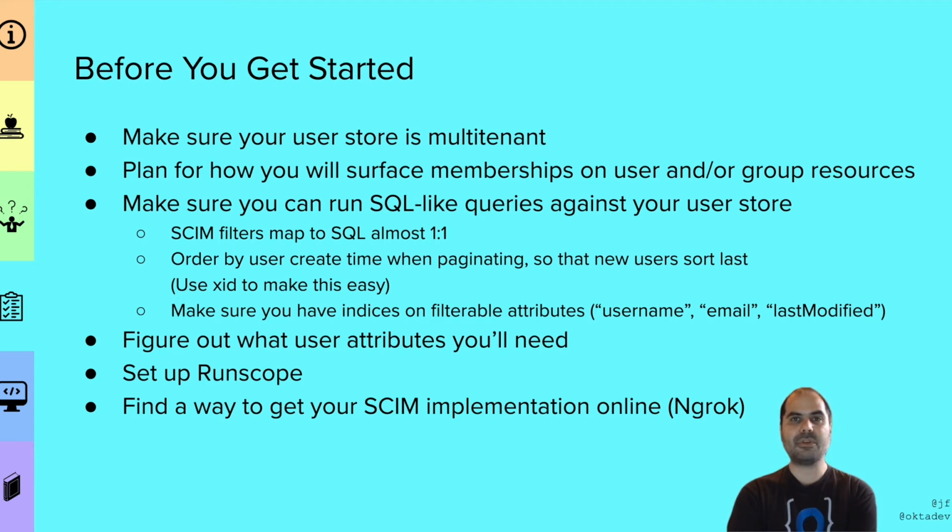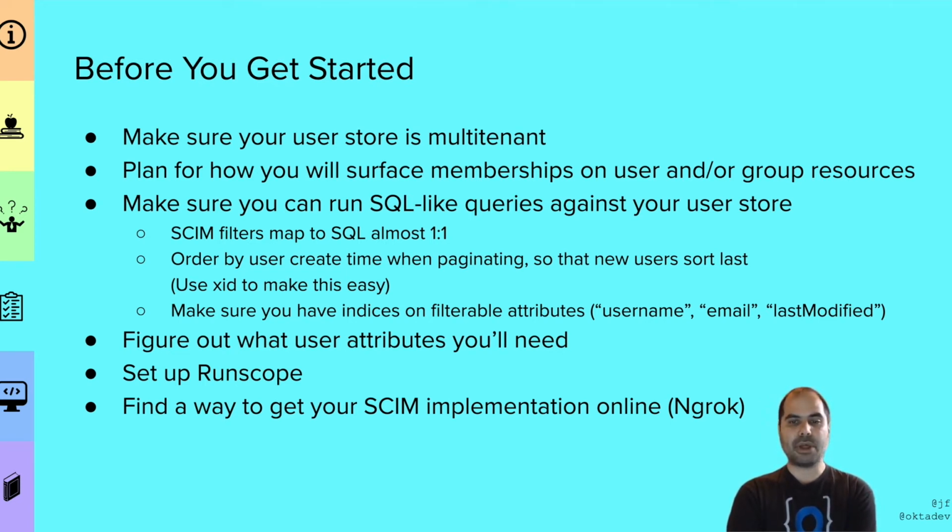But in my case, I was using a key value store initially, and I started thinking, oh, I can simulate this by writing some code, but really it's so much easier just to use something like MySQL or Postgres or SQLite, something that you can run a SQL query against, because that example that I gave earlier with the Alice tester user that I added maps directly to a SQL query, which would be basically select star from users where username equals Alice tester.